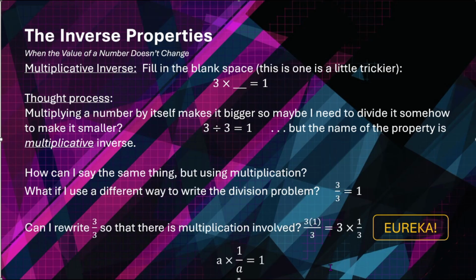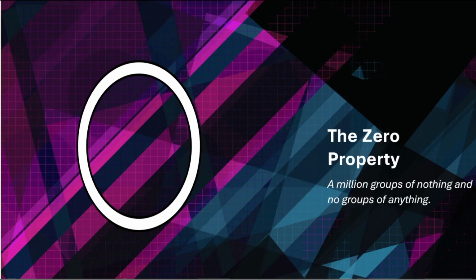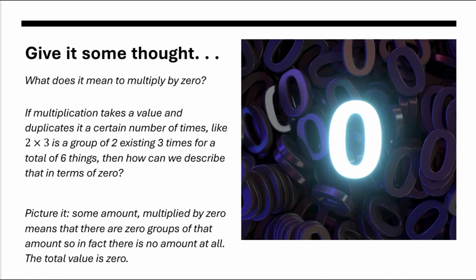I have one more property to talk about today, and that is the zero property, which is a million groups of nothing and no groups of anything. I should make that the title of the book or something. Anyway, again, let's talk about this. Let's think about what it means to multiply by zero.